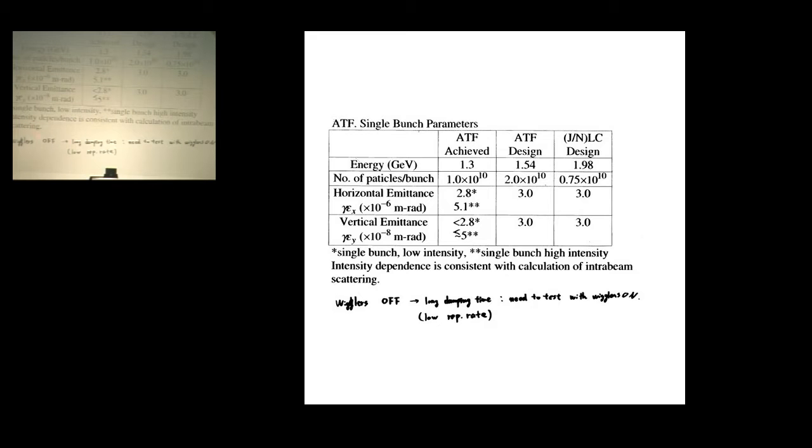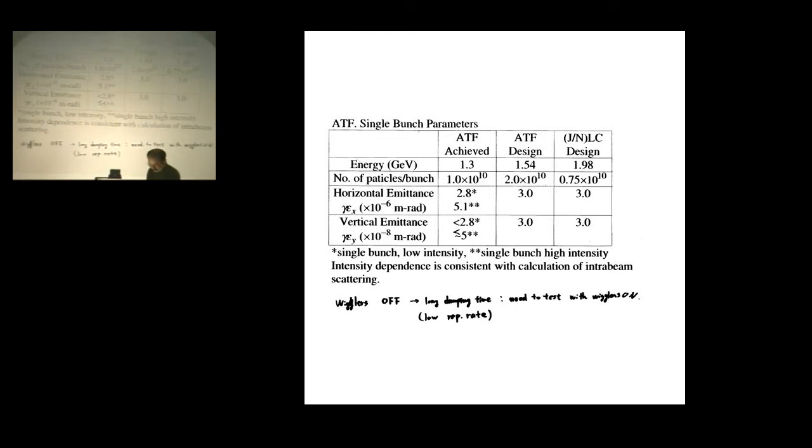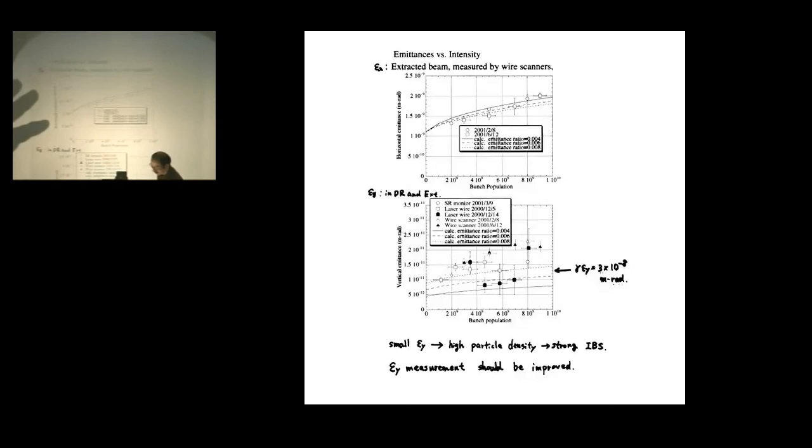So this is very important, actually. And so the damping time is longer than required for the NLC, JLC. So we need to test the effect of the wigglers. Okay. Let me show the measured emittances as a function of the bunch intensity.